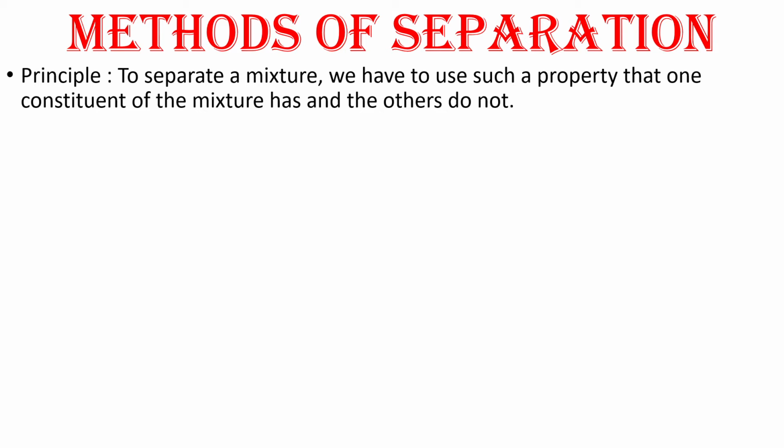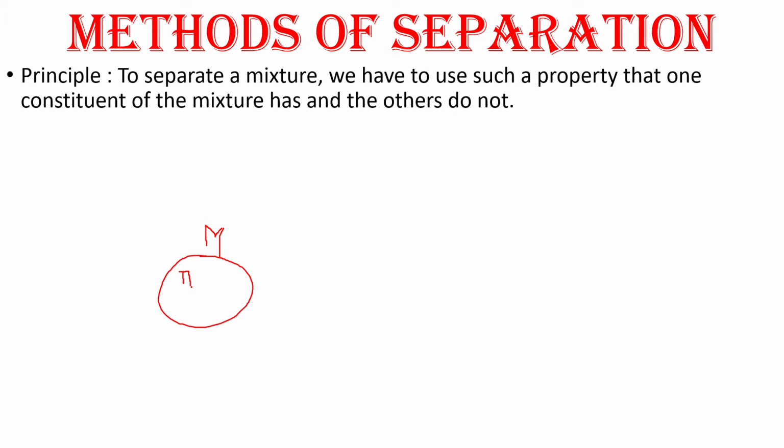Understood? Let us take a simple example so that you can understand. Suppose this is a mixture. This M signifies mixture. Now this mixture has components.